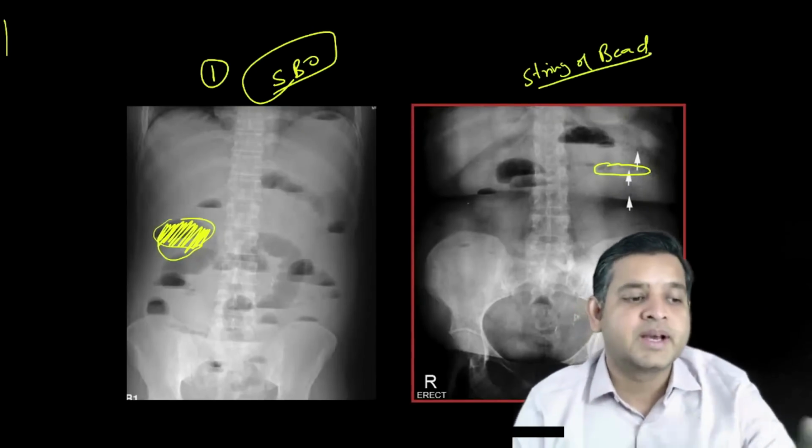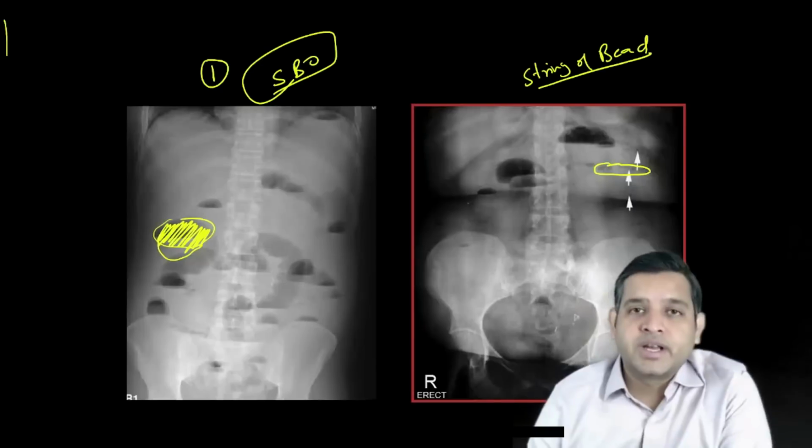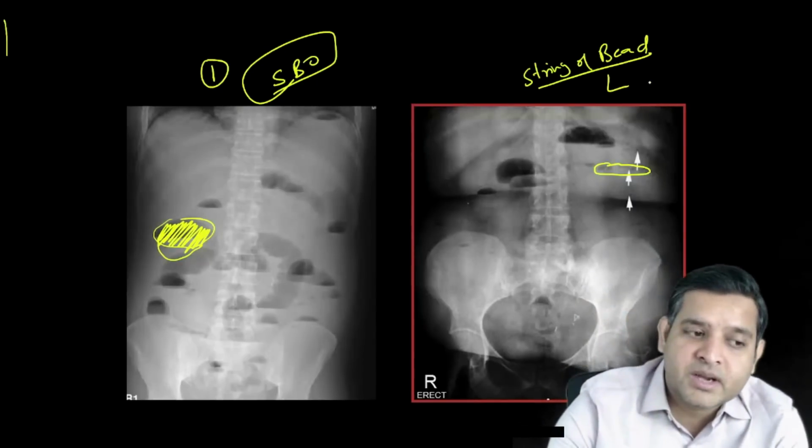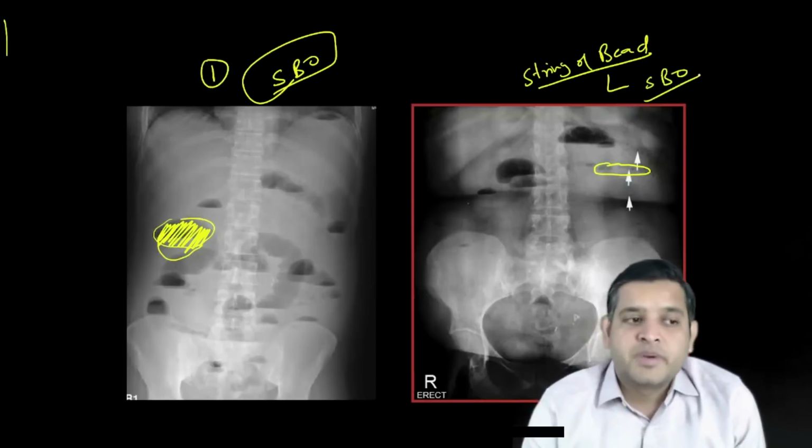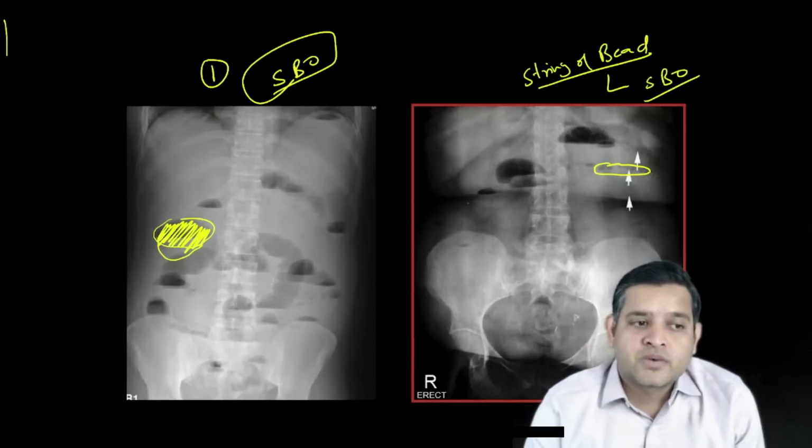It is to be noted that the string of bead appearance on an X-ray abdomen is also a feature of small bowel obstruction.